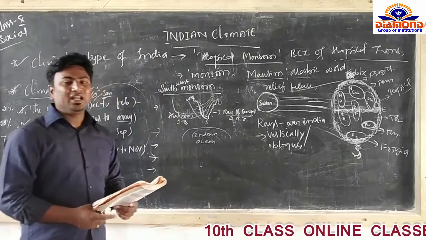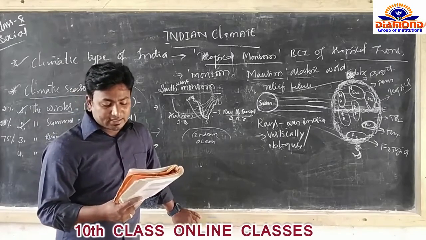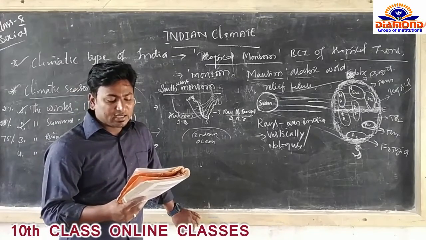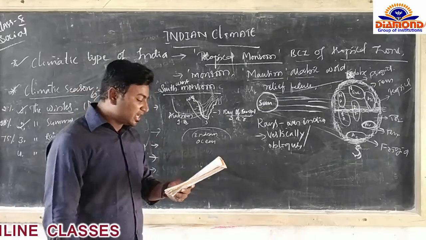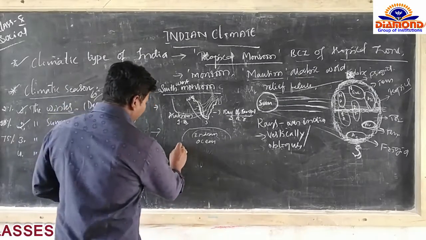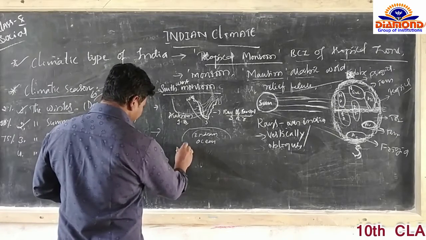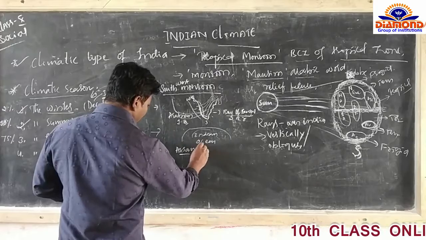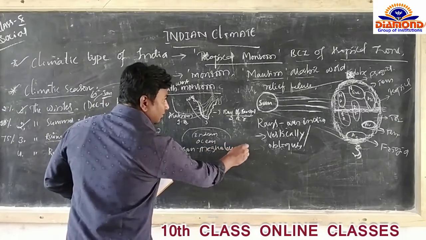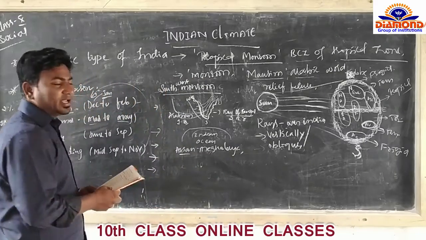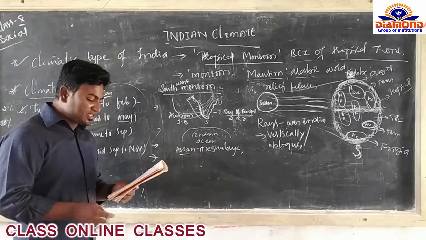Now, the Bay of Bengal branch, which causes the second rain in India, strikes against the hills of Meghalaya. We see Assam and Meghalaya, where the heaviest rainfall occurs.